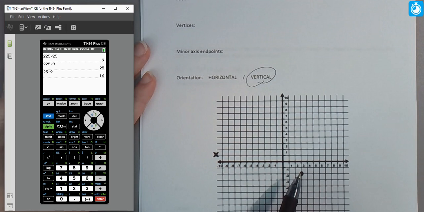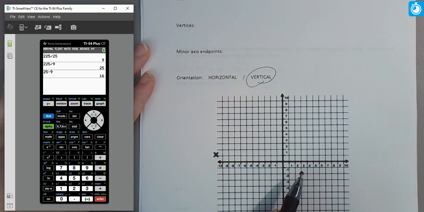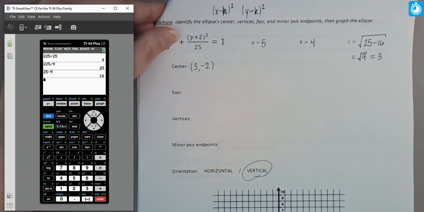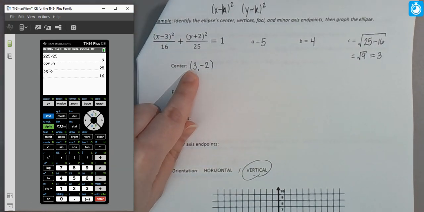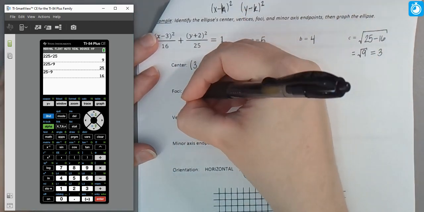So we have a vertical ellipse, which means the foci are above and below this particular central point. So that means we're going to hold the x value constant, and then add on and subtract from the y coordinate, but no longer starting at (0, 0), starting at this center. So here's a good way to write this rather than having to figure it all out at one time.